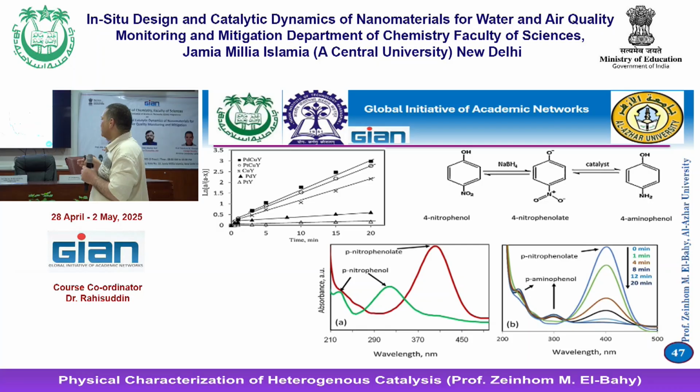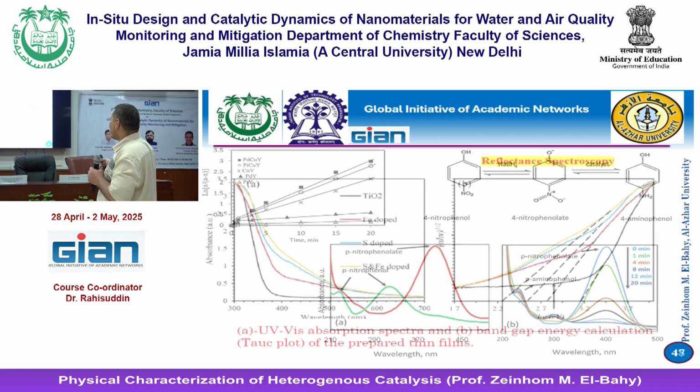The left one is very harmful, and the right one is very useful in the pharmaceutical industry. In this way, we followed the reaction by measuring the absorption of para-nitrophenol and para-aminophenol.